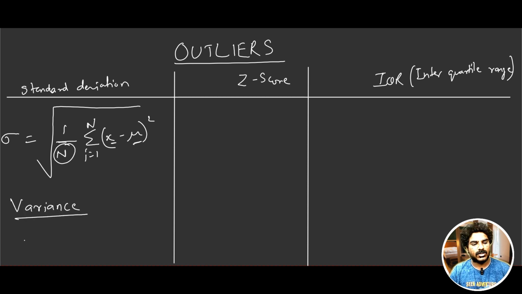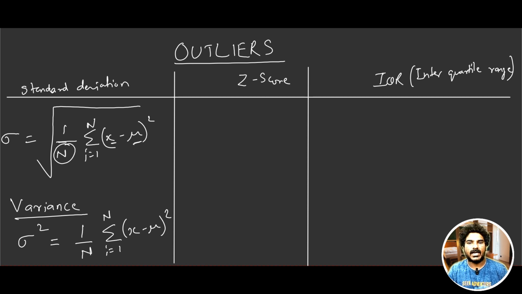Variance is nothing but the square of your standard deviation, right? In that case, the formula for variance will be 1 by n summation i equals 1 to n (x minus mu) the whole square. So basically it removes the square root, because you are taking the square of your standard deviation. So that is the variance.